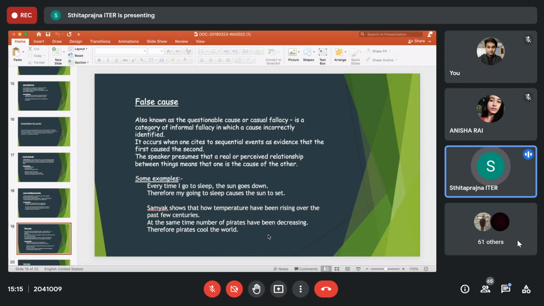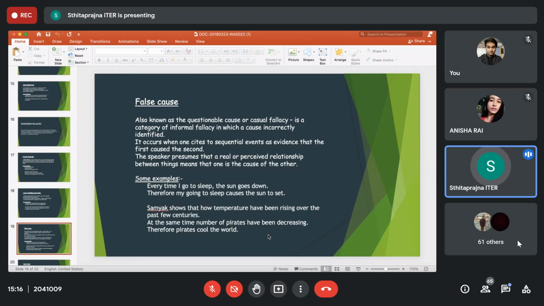So the cause is questionable, and it is also called a causal fallacy. The speaker presumes that the real or perceived relationship between things means that one is the cause of the other. But the cause and effect relationship may not be the one that the speaker or the person thinks.